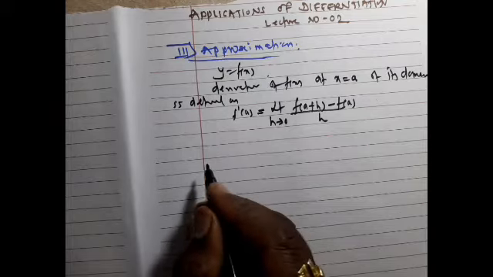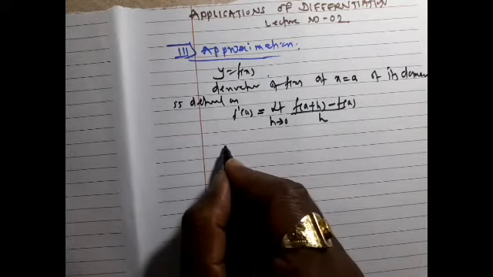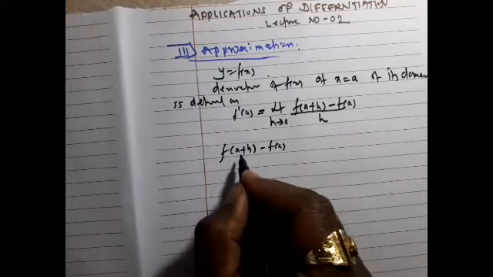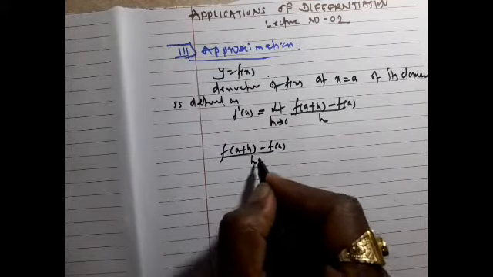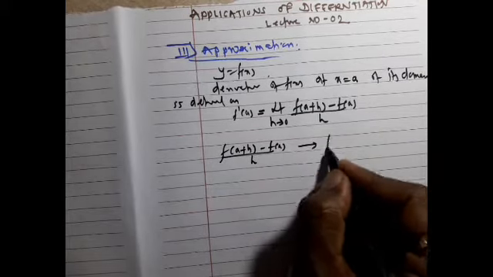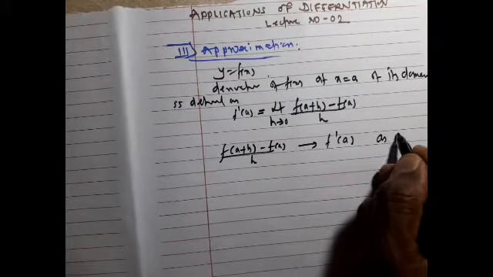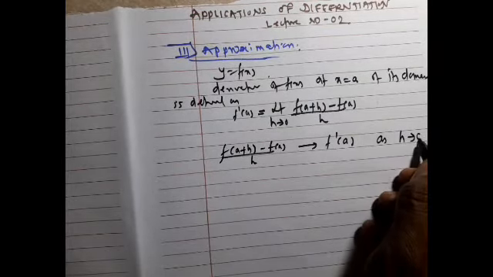This also means that f(a plus h) minus f(a) upon h approaches f dash a as h tends to 0.